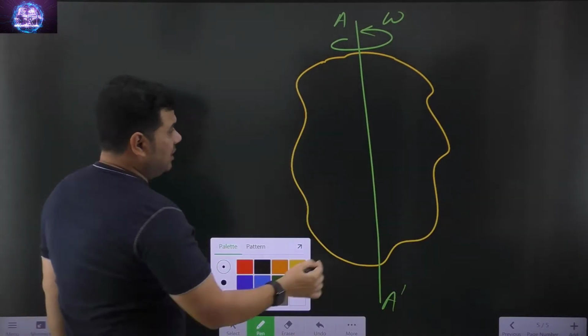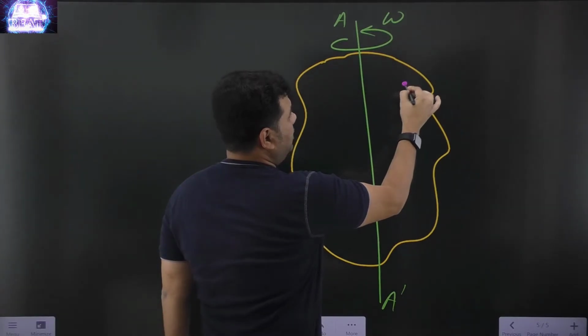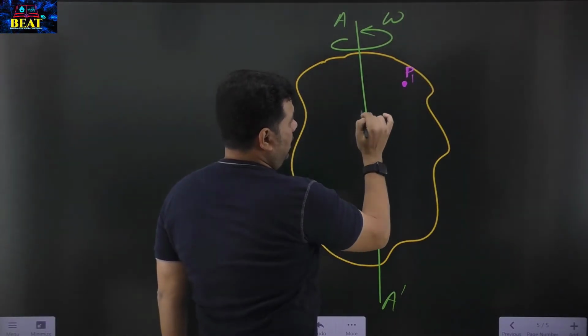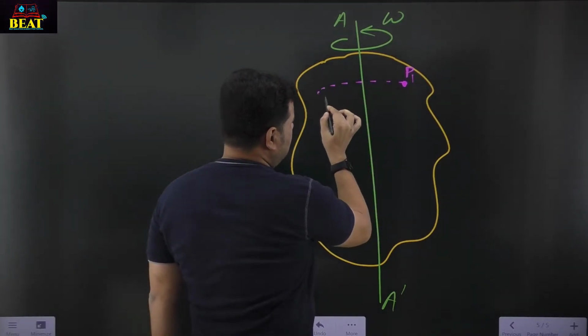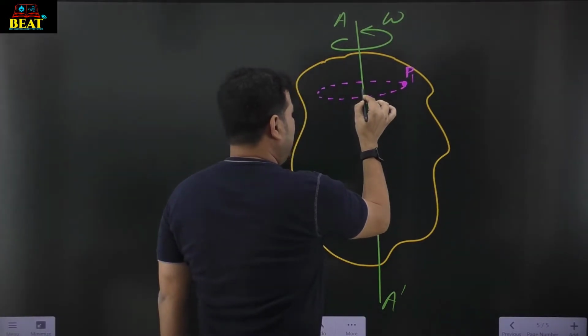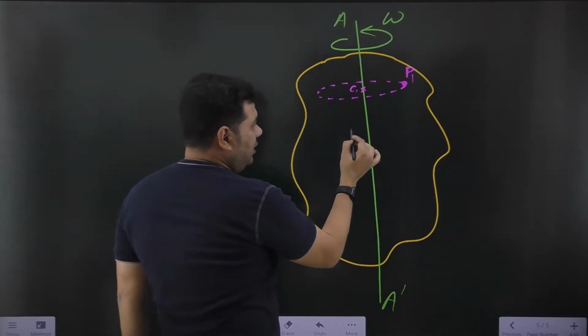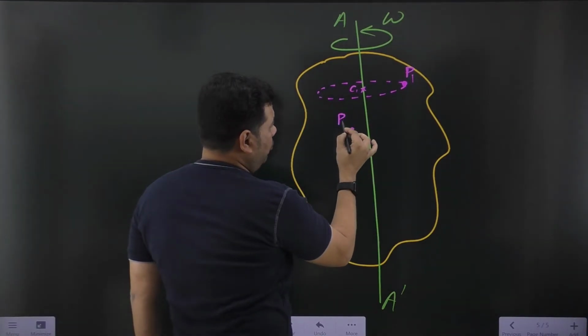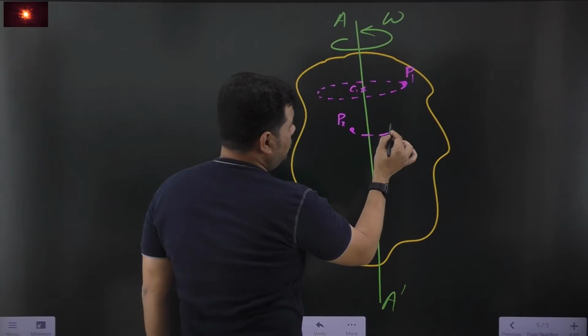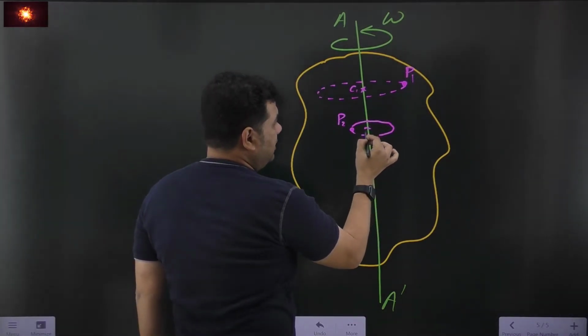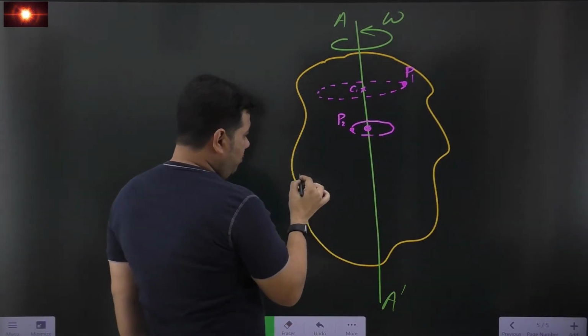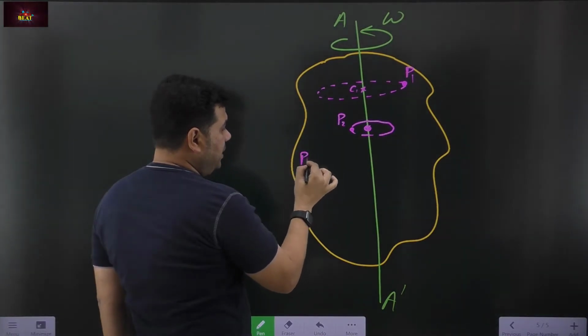Suppose here are some points, right? This point is supposed to be P1. And this P1 is rotating in that circle, and its center is here, C1. Some point is here. So this particle is supposed to be P2, and P2 is revolving like this, and its center is here. Suppose another one is P3.